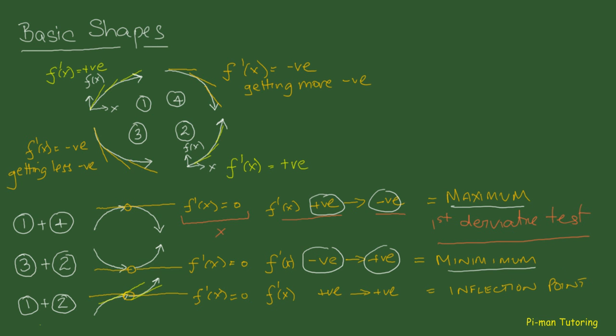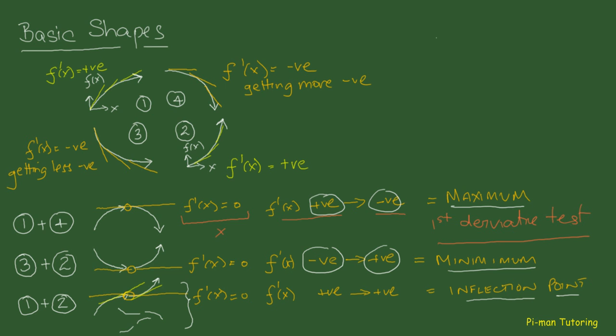And similarly, you could do the same thing with other shapes. You could be coming this way and going this way, or what else could you do? You could go this way followed by this way. So depending on what curvatures combine, there are various ways in which you can produce inflection points in the curve.